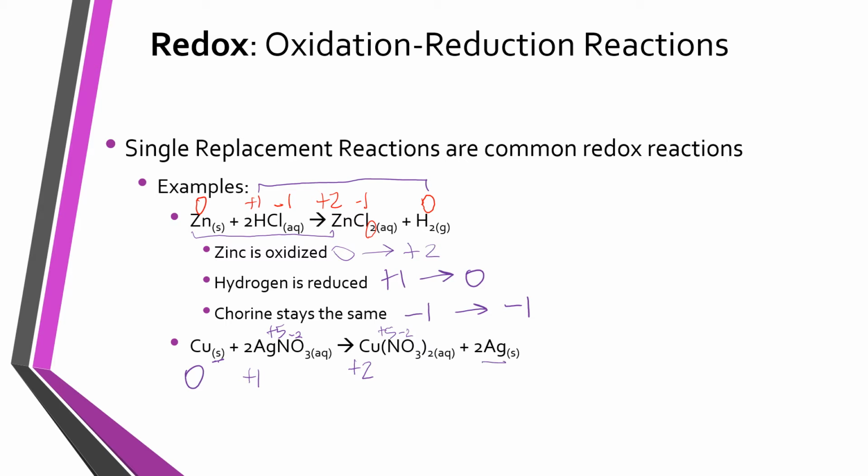Now silver is in its normal elemental state, and so its oxidation number is 0. So for this problem, copper went from 0 to +2, so copper is oxidized.